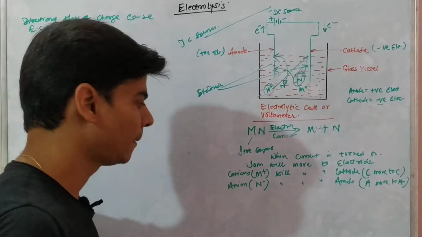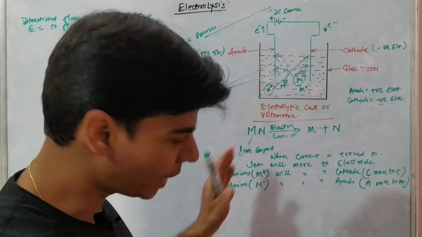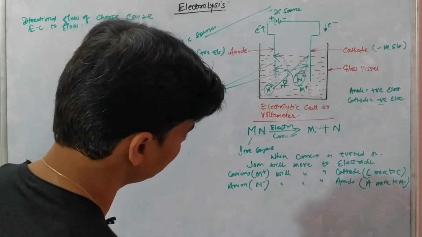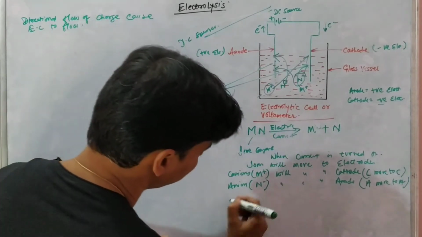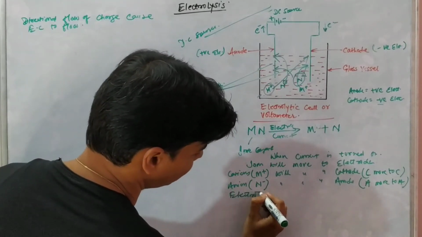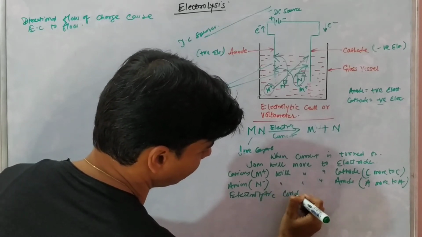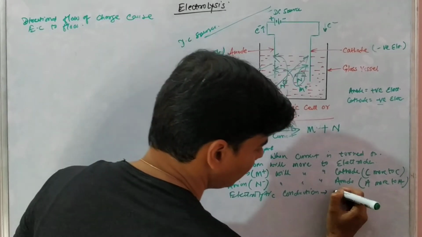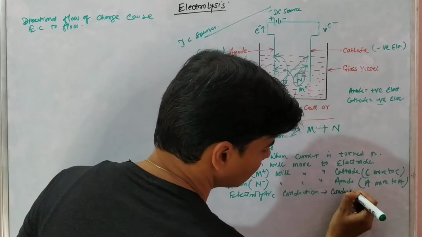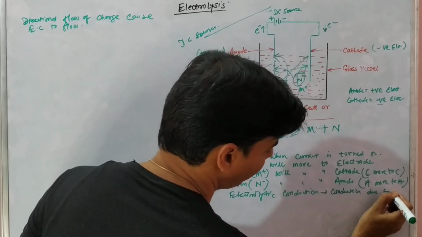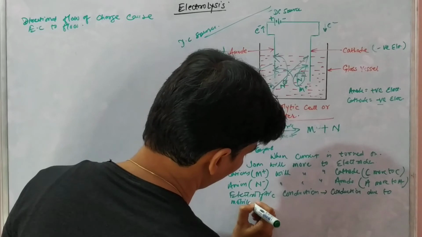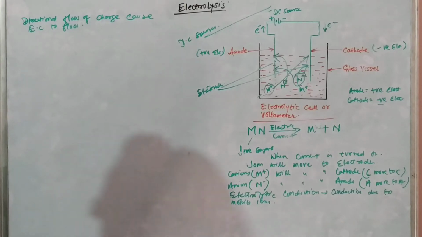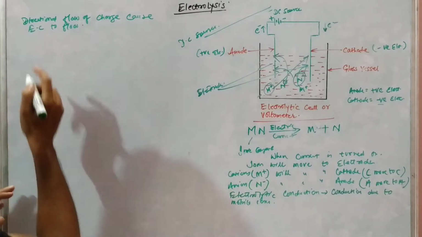Since these mobile ions are conducting electricity, this is known as electrolytic conduction, that is, conduction due to mobile ions. So directional flow of charge will cause electric current to flow.